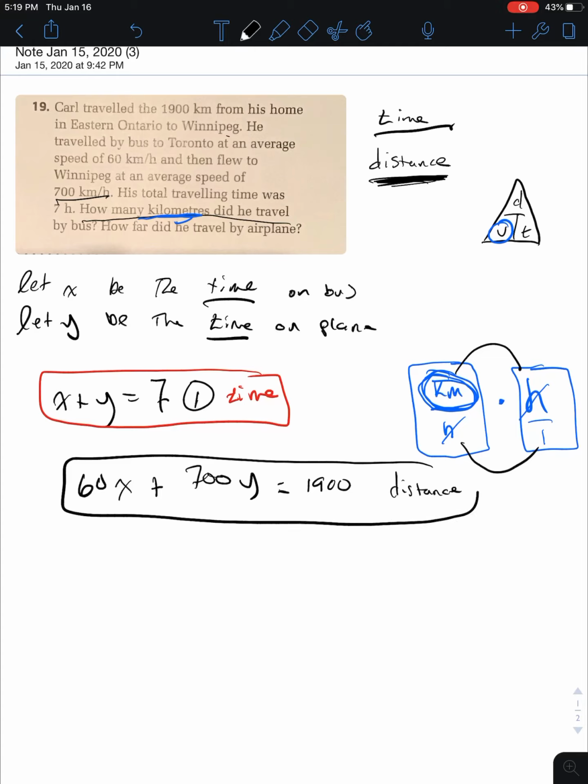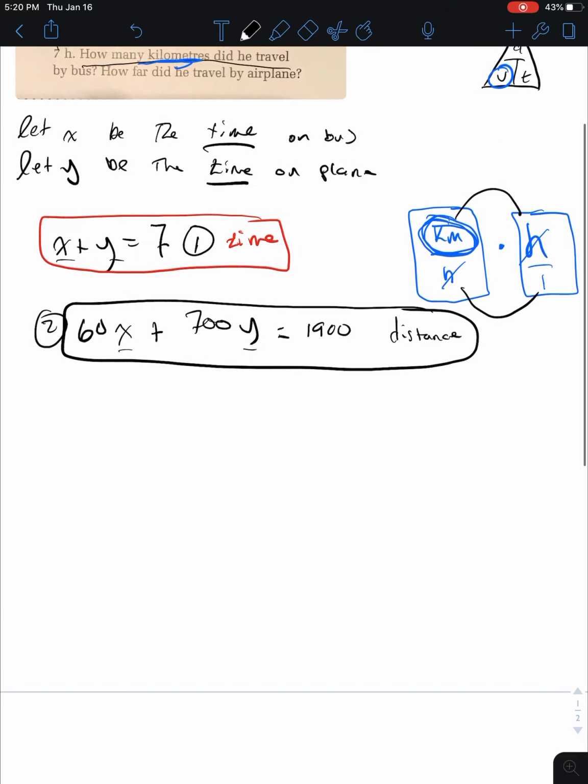All right, so now I have two equations, two unknowns. I'm just going to use substitution to solve for each of them. Does that make sense? There's one more step at the very end I'll show you.